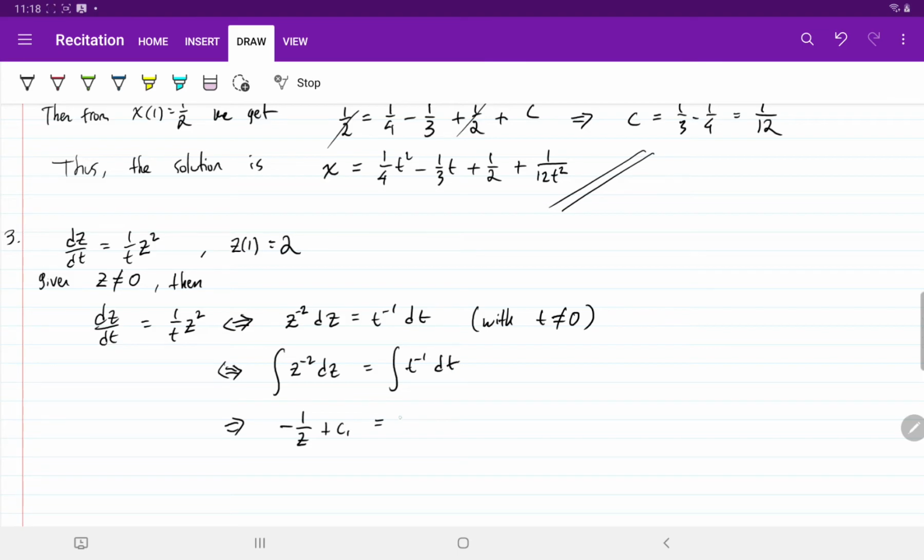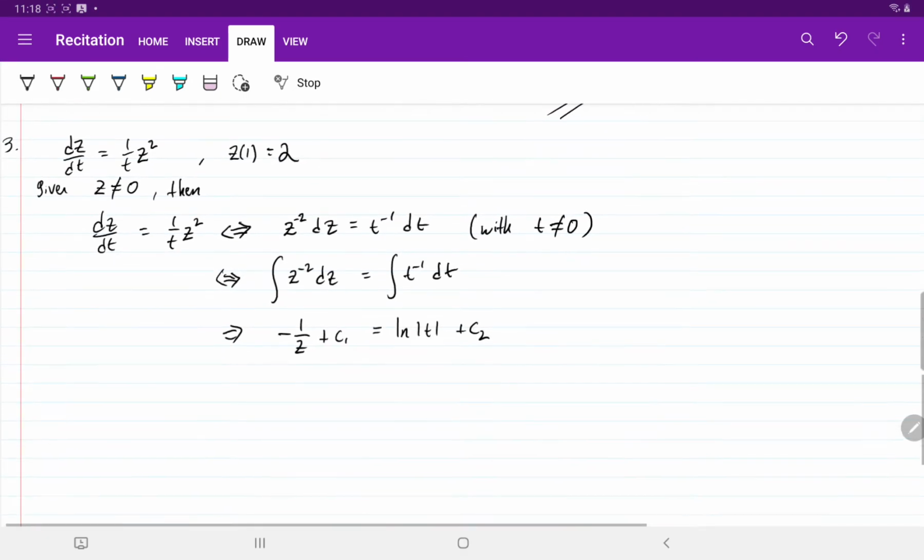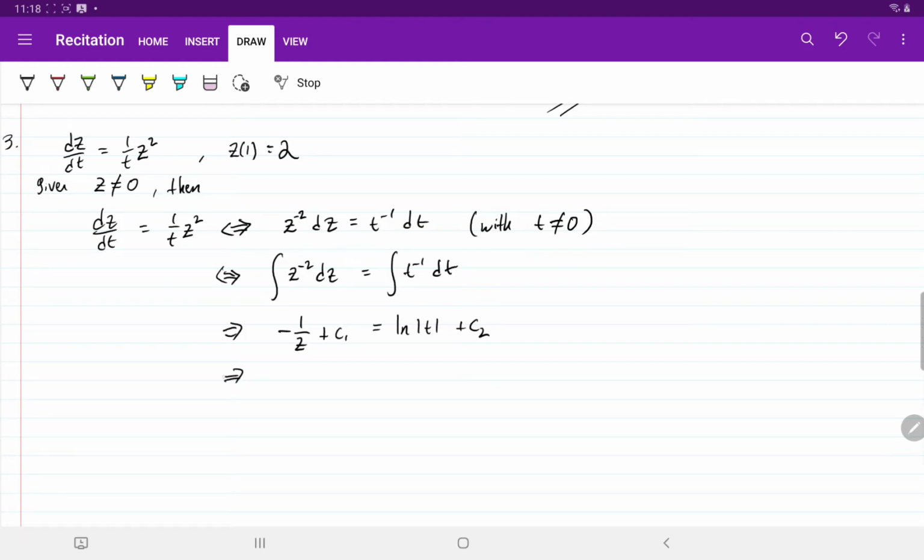This one is log of t plus c2. Again we have minus 1/z equals to log absolute value of t plus c. So we have 1/z is c minus log absolute value of t. So z is 1 over this.